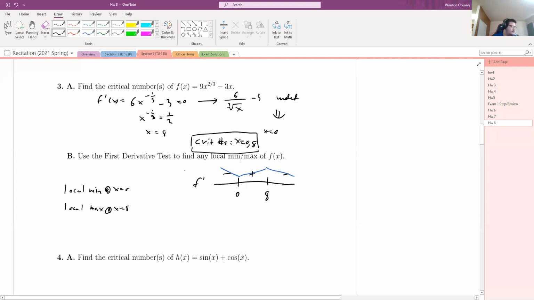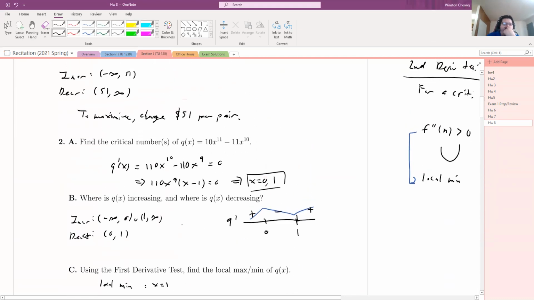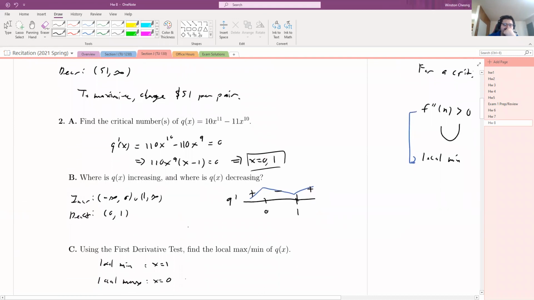I don't think in the slides he actually calculates what the coordinates are. If the problem asks you to, then you should. But for this, I don't think it is asking you to, so I didn't bother to calculate these things. For 3, it's reasonable, but for some of these problems, it's not very reasonable to plug in.